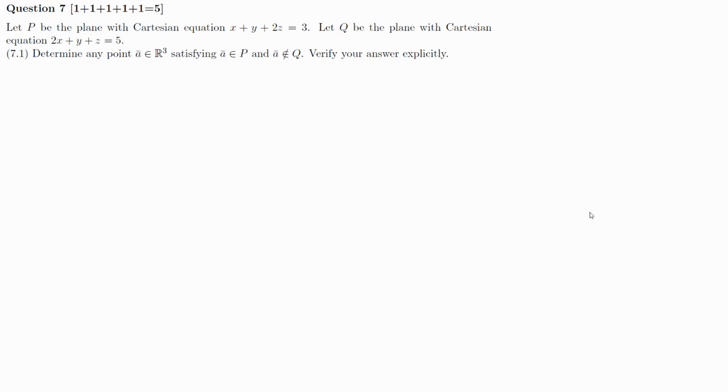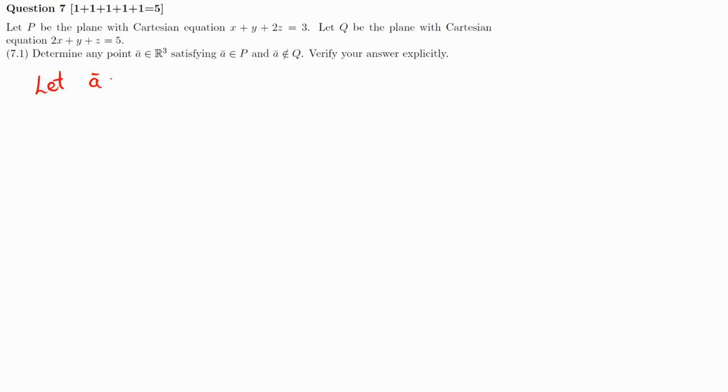Okay, and now question 7. Let P be the plane with Cartesian equation this. Let Q be the plane with Cartesian equation this. Determine any point A satisfying that A is an element of P but not an element of Q. Okay, so this is kind of trial and error to test what vector will actually work for P but not work for Q. Okay, so let's choose a random one.